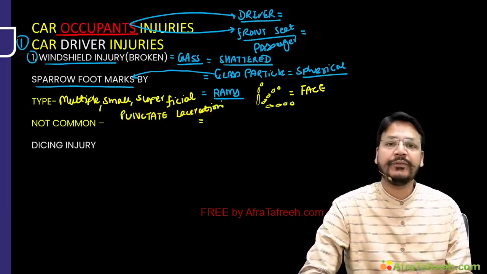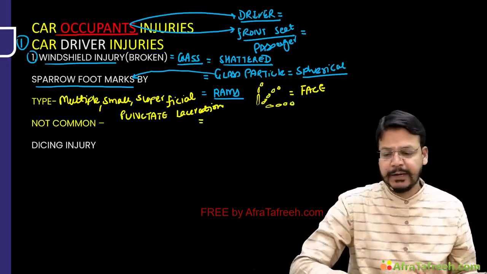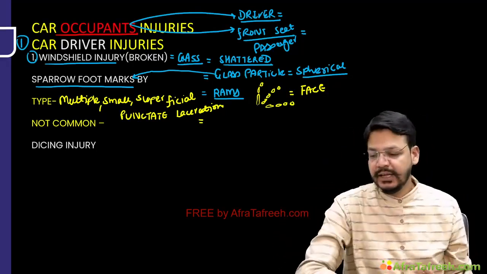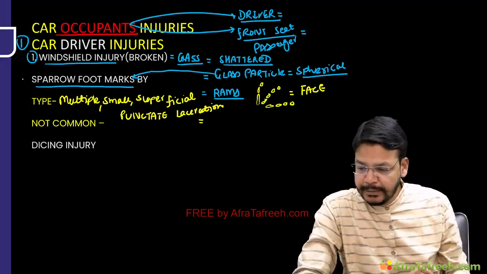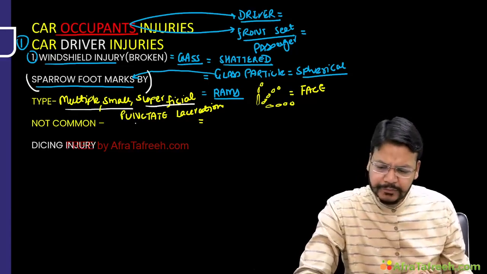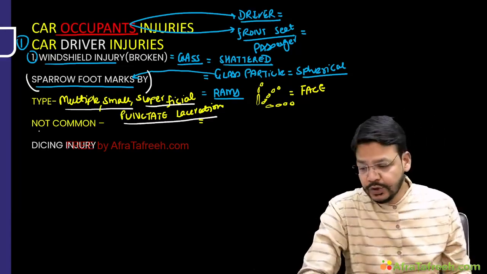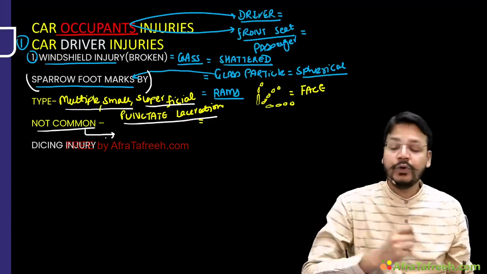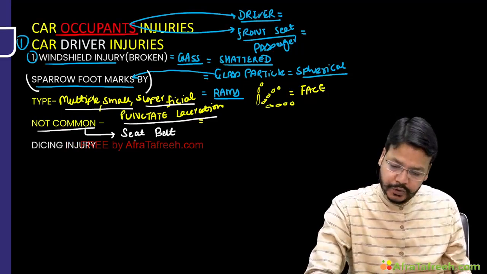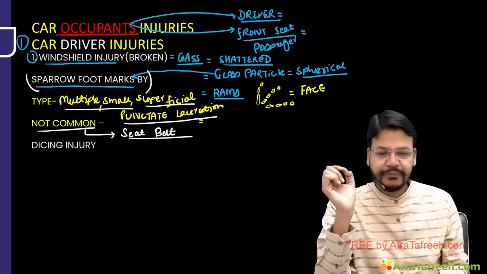So again, my dear friend, because of the glass particles, when you are thrown into the glass, there will be windshield injury, and these injuries are sparrow feet marks. These are multiple small superficial punctate lacerations, and it is not common when you are wearing a seat belt. Most of the time if you are wearing a seat belt, it is not common.